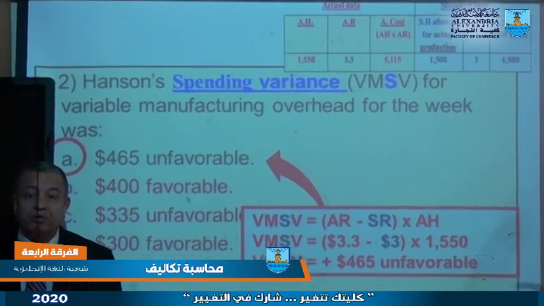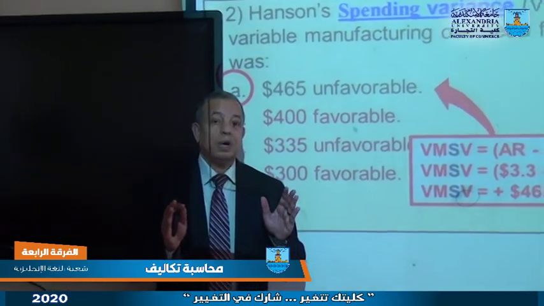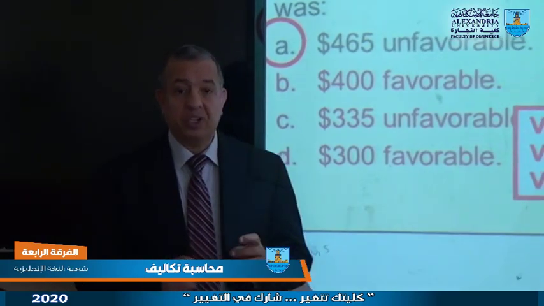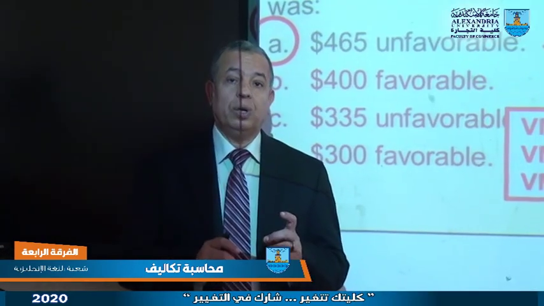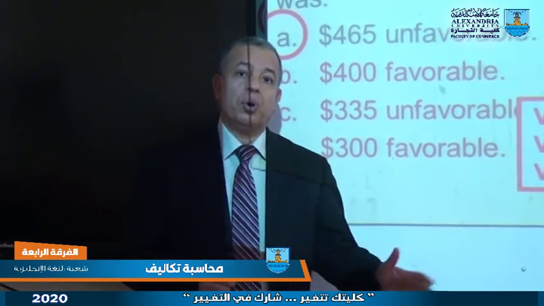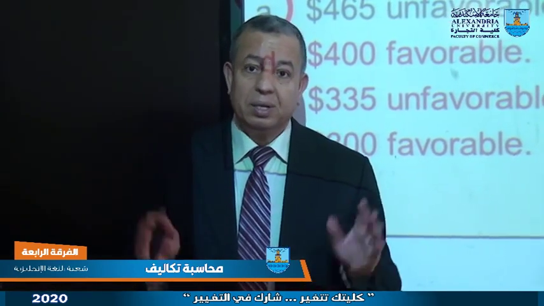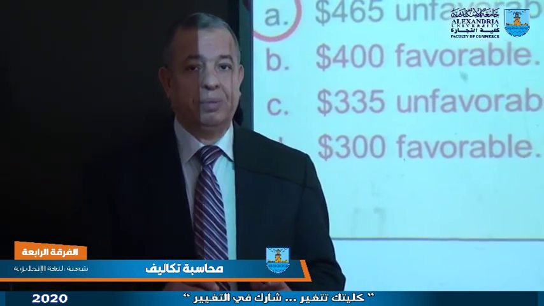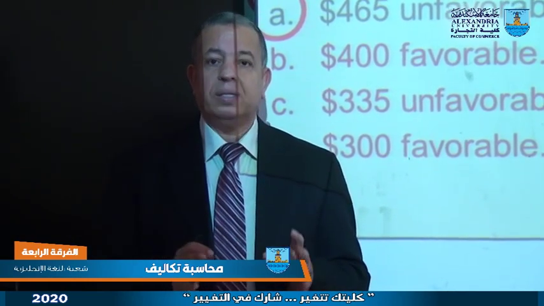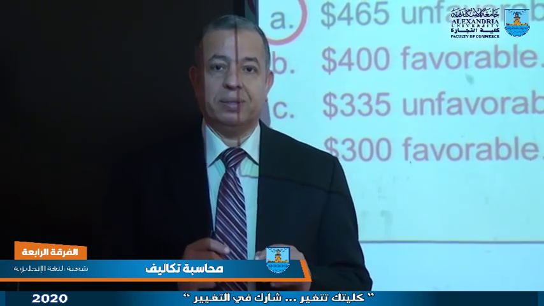Again, you have to know how to calculate the total variance and how to analyze the total variance into spending and efficiency, regardless of whether I ask you to calculate the variances using the performance report or using equations for variable overhead. But for fixed overhead, I speak only about the performance report and how to calculate 3 amounts of fixed overhead and 2 variances.